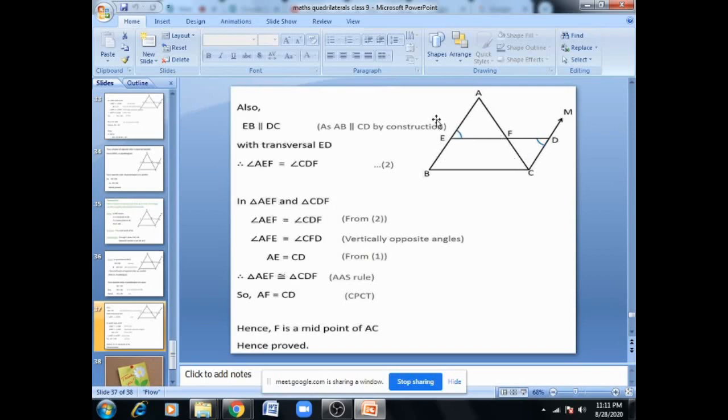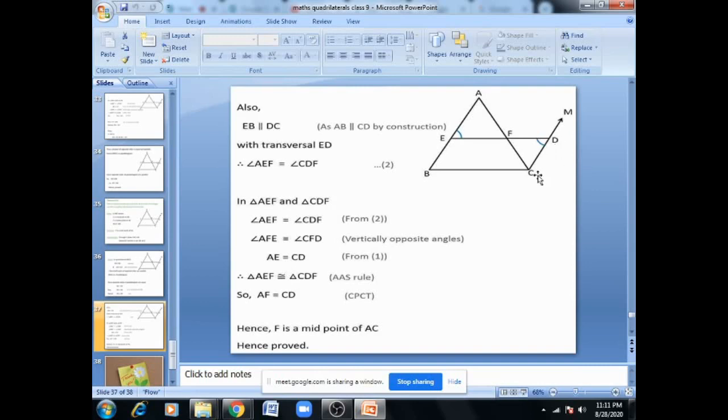Now in triangle AEF and triangle CFD, we have proved angle AEF is equal to angle CDF, then angle AFE is equal to angle CFD, vertically opposite angles, and AE is proved equal to CD.